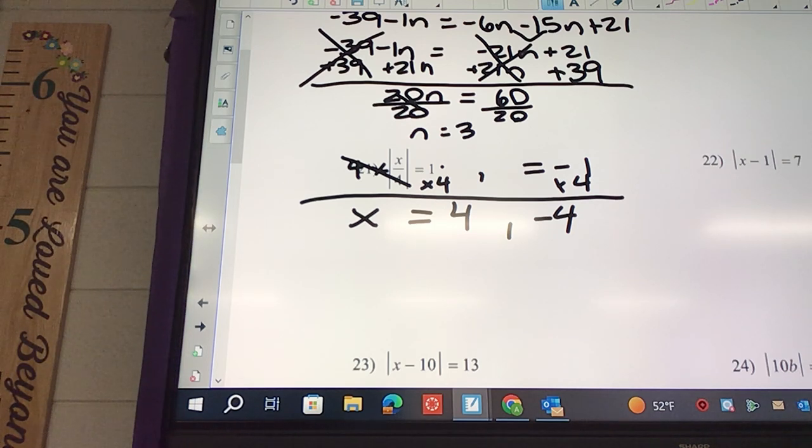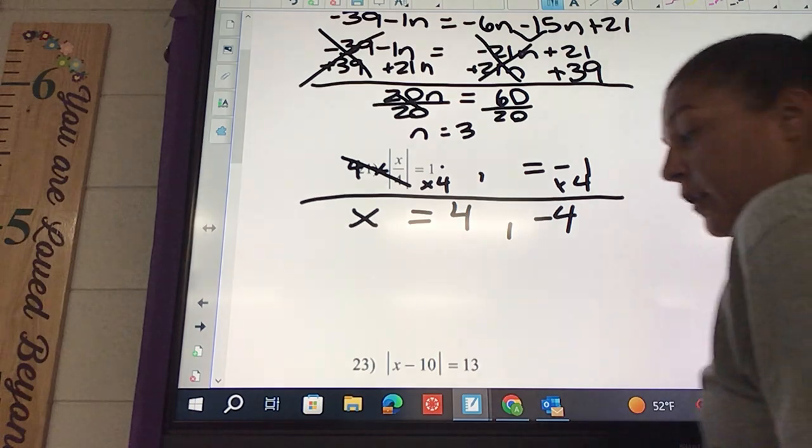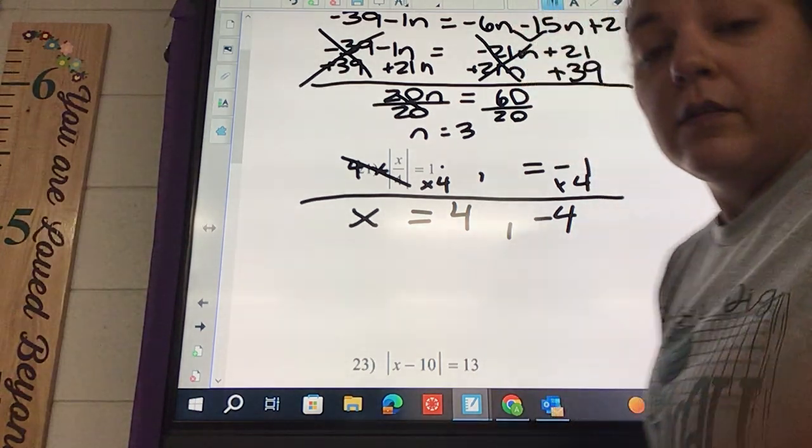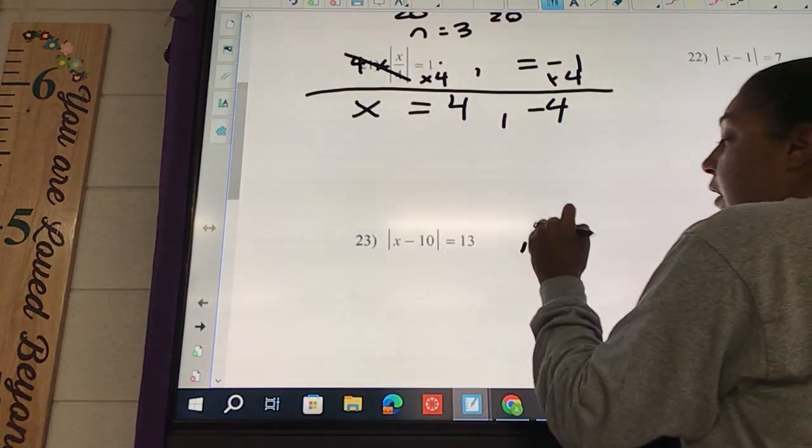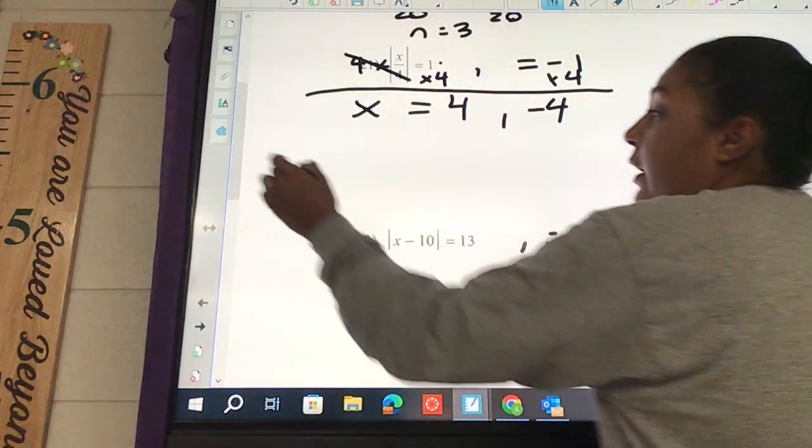Okay, 23, is there anything on the outside of the bars? No, there's not, so we can go ahead and say comma equals -13. What needs done?